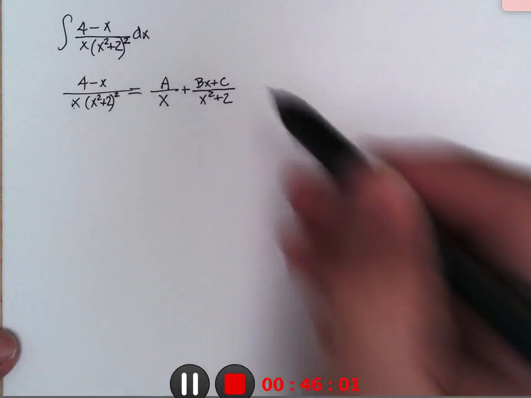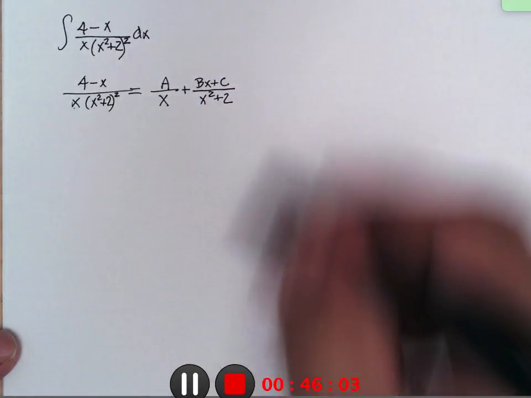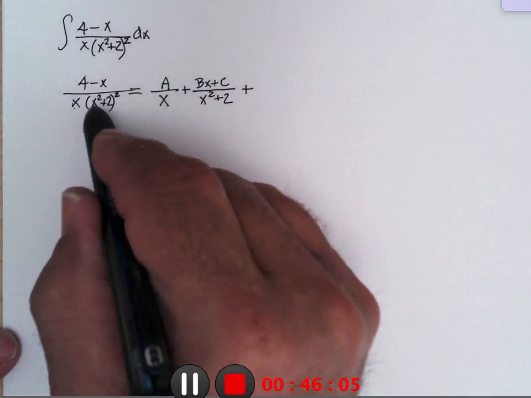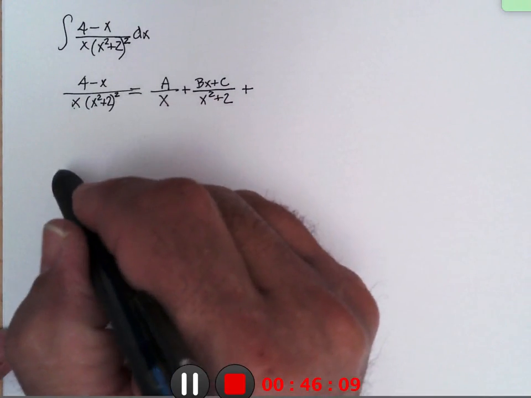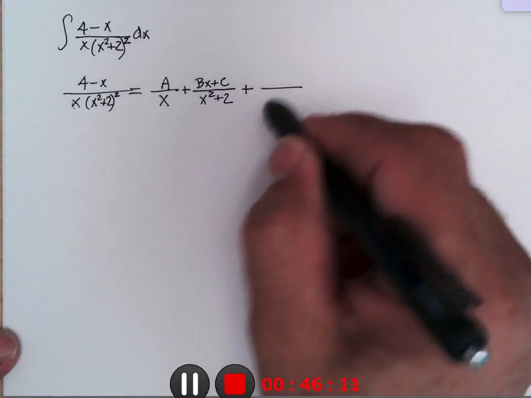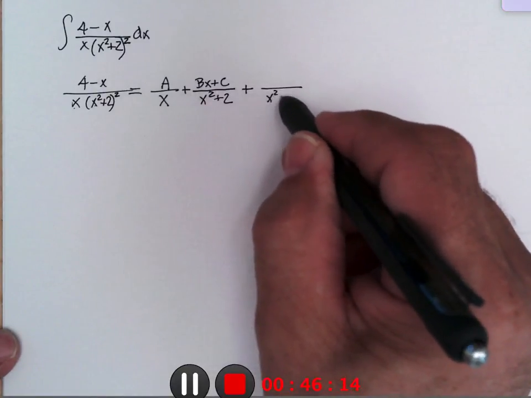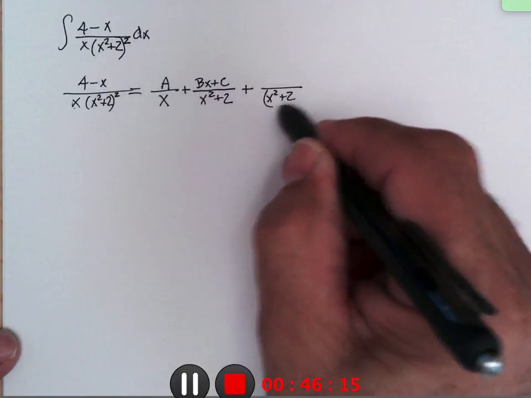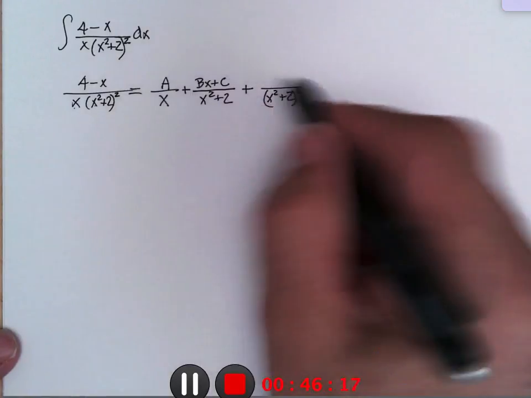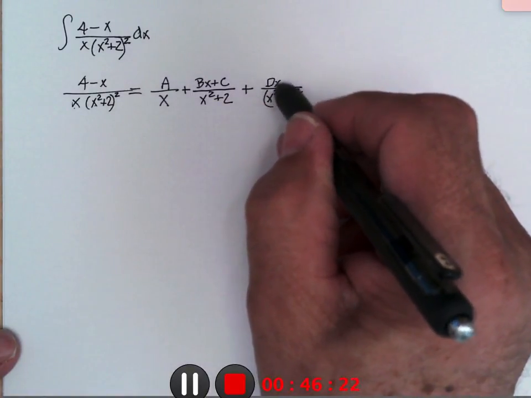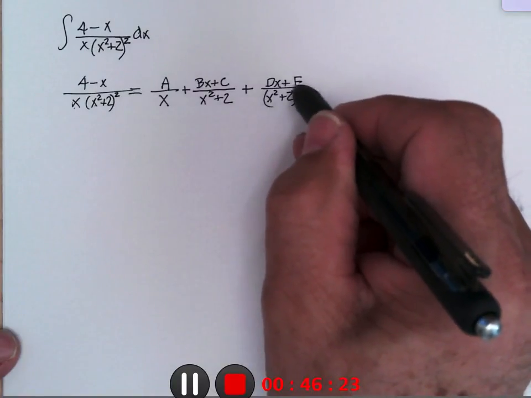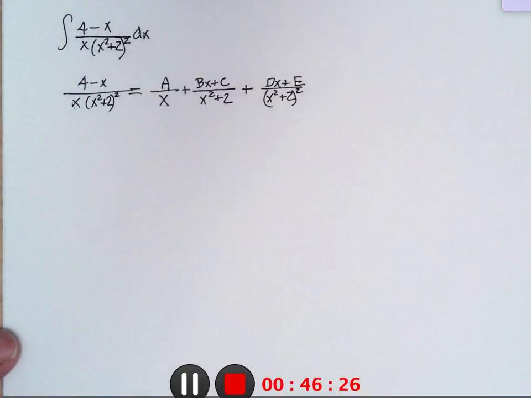But since it happens twice, it's squared, I have to do x squared plus 2 quantity squared with another linear factor, dx plus e. So we have 5 letters to solve for on this one.